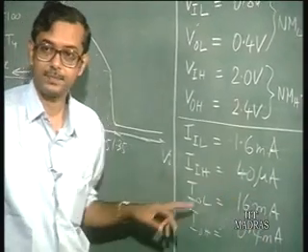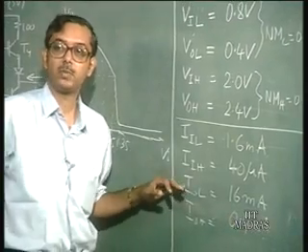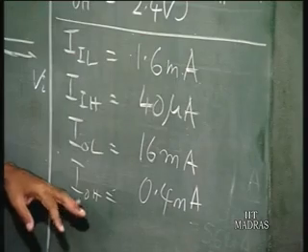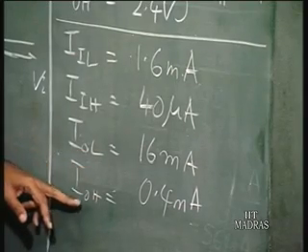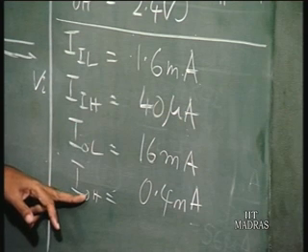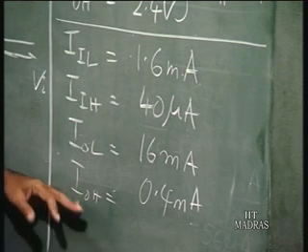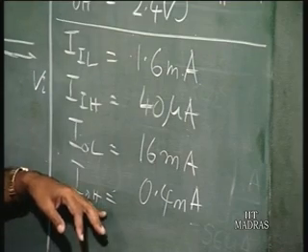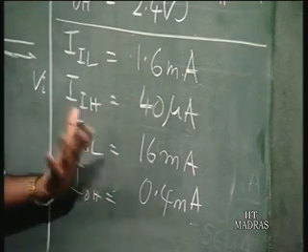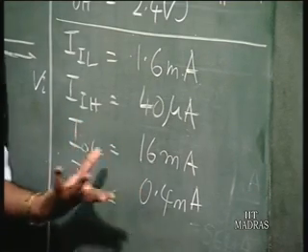Similarly, the definition of IOH is that it is the maximum current that the output can source, the current flowing out when the output is at logic high, so that the output voltage is maintained above VOH.